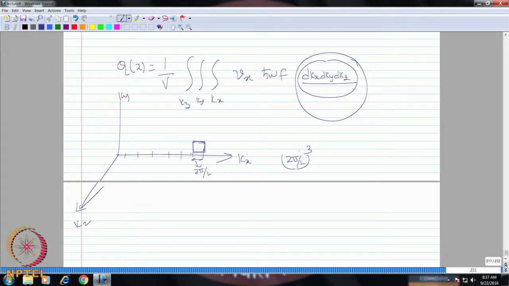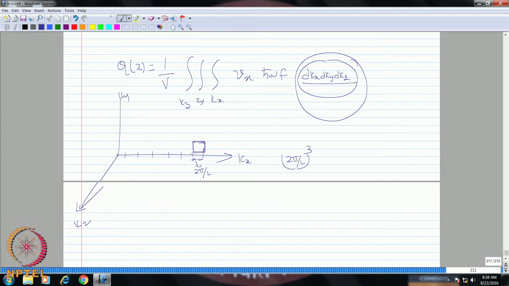So, now what we are interested in is, if you want to have a solid sphere in the kx, ky, kz space, and I am now counting the number of quantum states within the sphere. Okay. So, how will I get this? So, I have to calculate the volume of the sphere and divide it by a single unit cell.